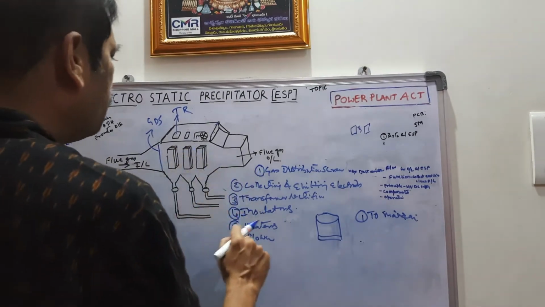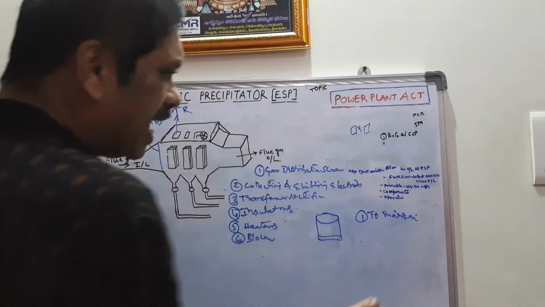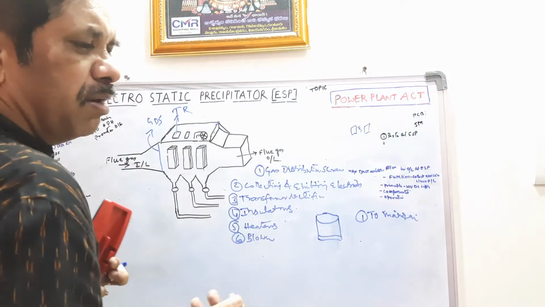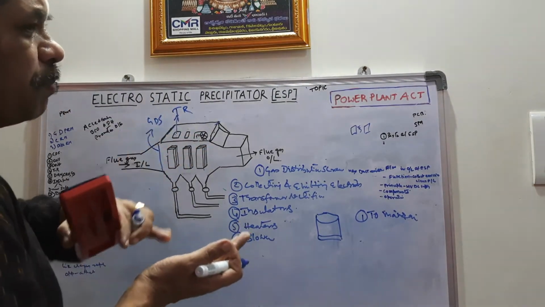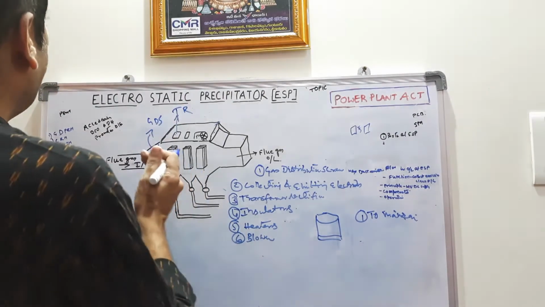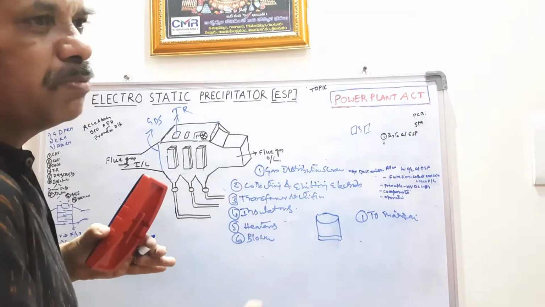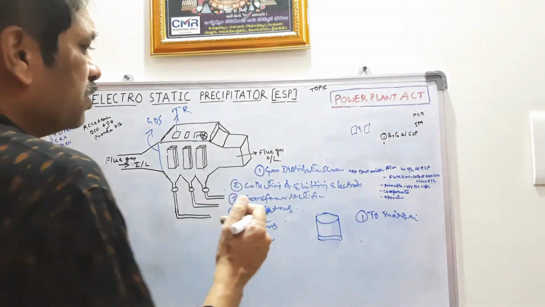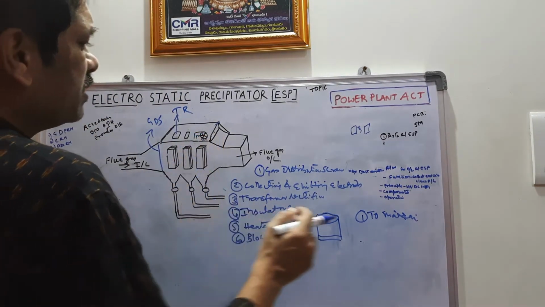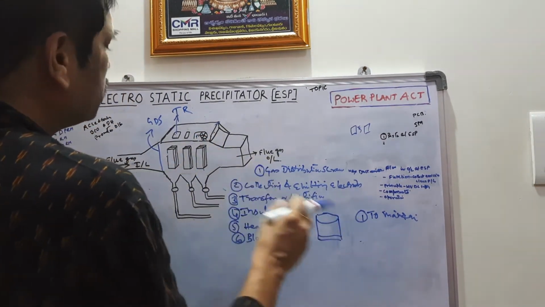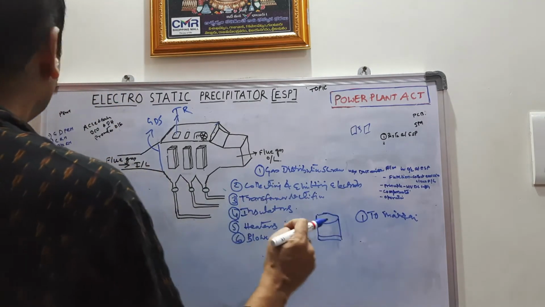As the temperature inside the ESP is high, if it passes inside this penthouse it becomes more heated. To control this, the air from the blower is pumped to this penthouse.